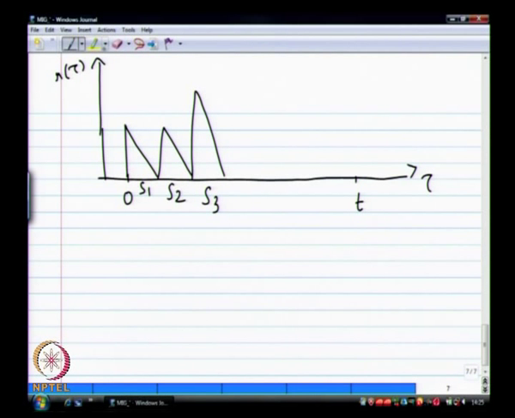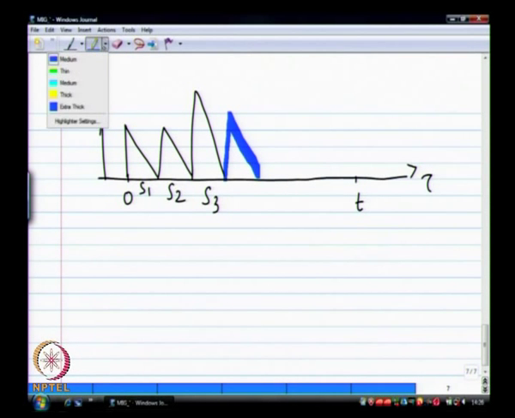And now let us try a different color. That is vacation. Okay, that is one V.